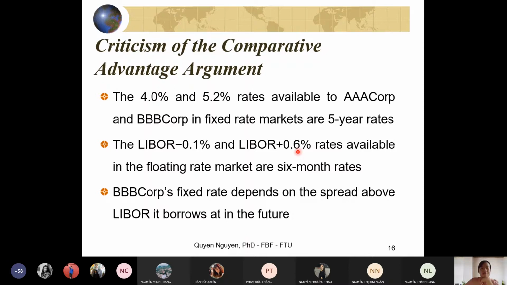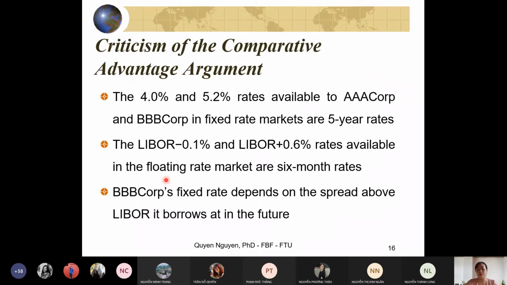So we understand that the 4.0% and the 5.2% rate would be available for AAA and BBB corporation in the fixed rate market, and they are the 5-year rates, and the LIBOR minus 0.1 and LIBOR plus 0.6 rate are available in the floating rate market, and they're supposed to be the rate applied for 6-month rates.